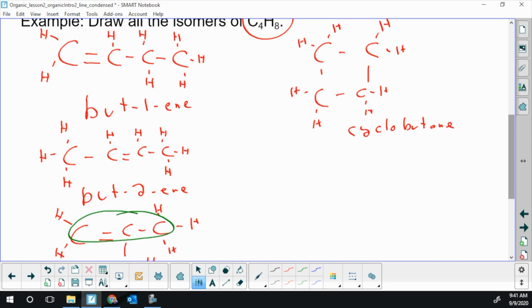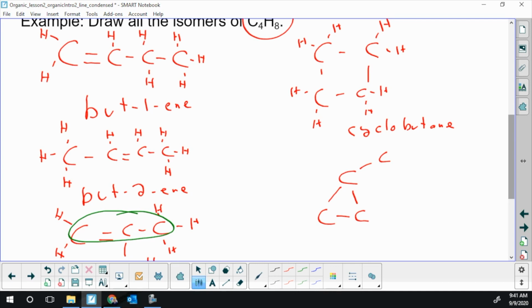Once I've done my only 4-membered cyclo, I'll go down to 3 in the ring. So there's a cyclopropane. And then it doesn't matter where I put that methyl off.